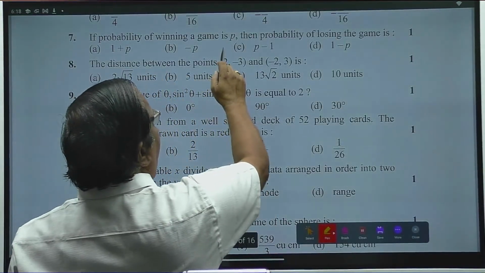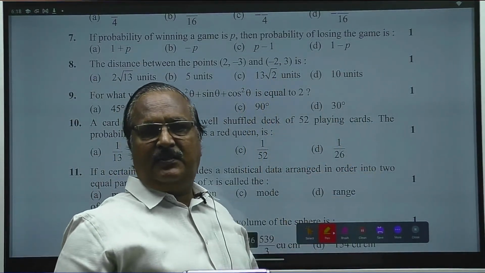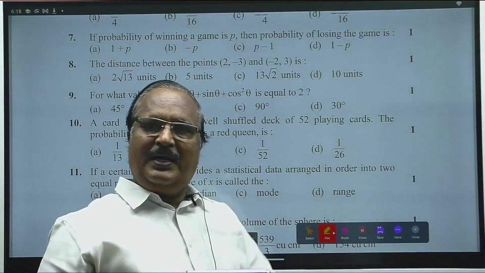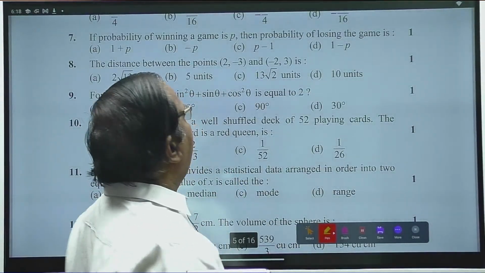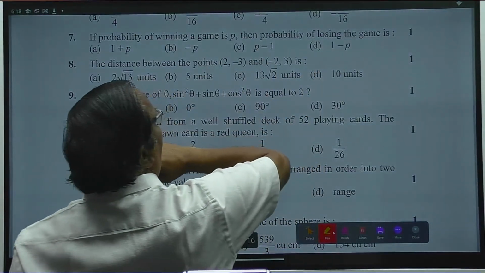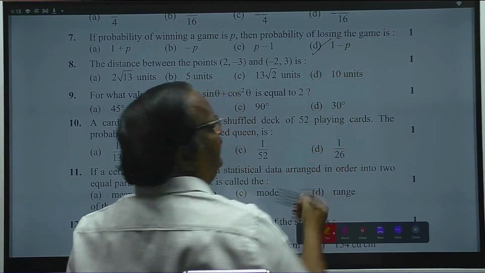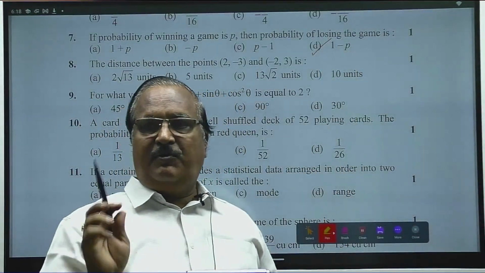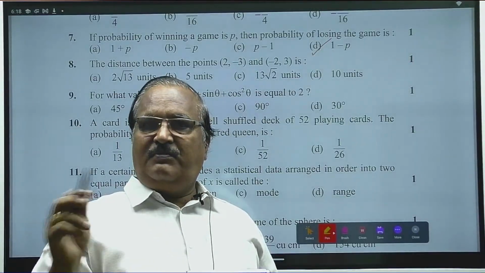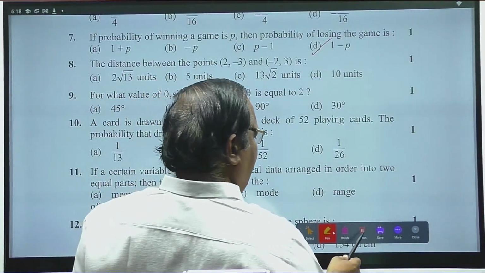If the probability of winning the game is P, the probability of losing the game is 1 minus P, because total probability is 1. Right, 1 minus P or P minus 1. 1 minus P is the correct answer. Total is 1. So 1 minus P is losing.